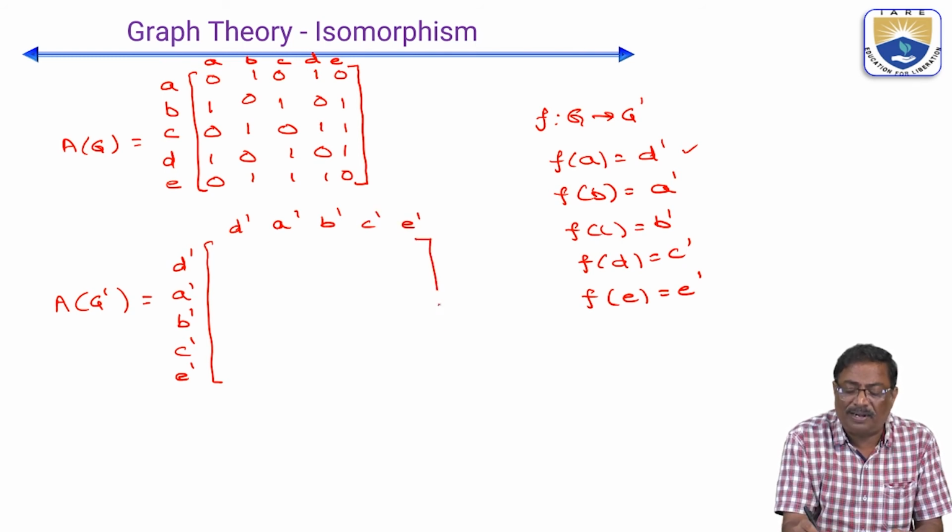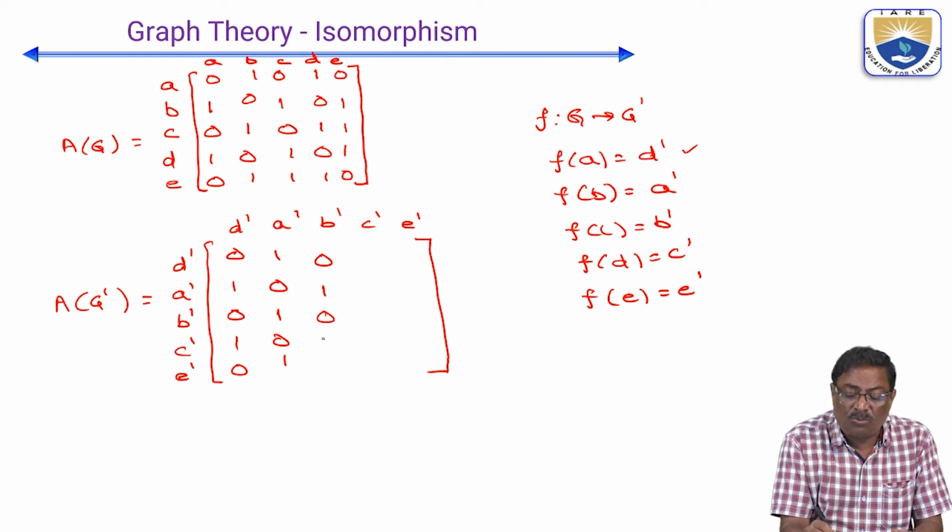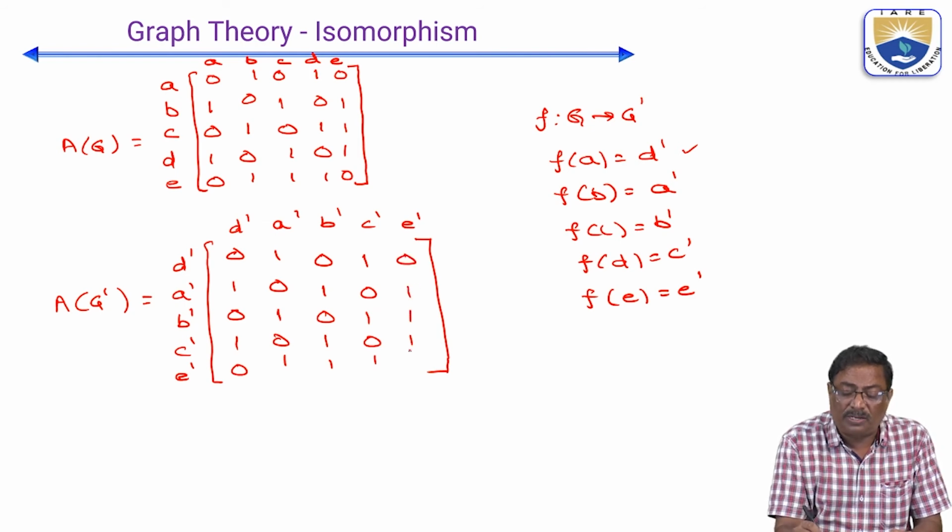If I take it like this, then I get the same matrix: 0, 1, 0, 1, 0, then 1, 0, 1, 0, 1, and so on, ending with 0.